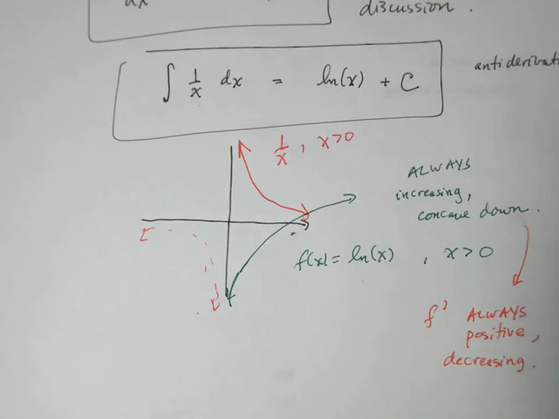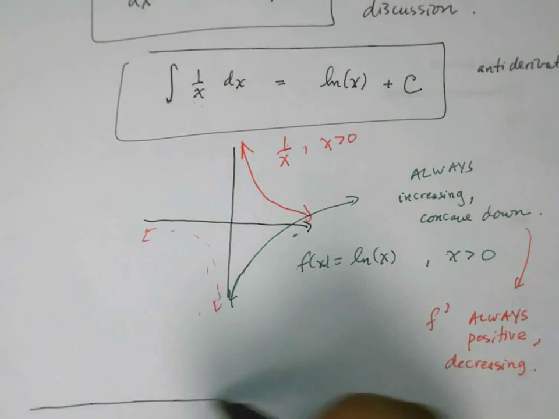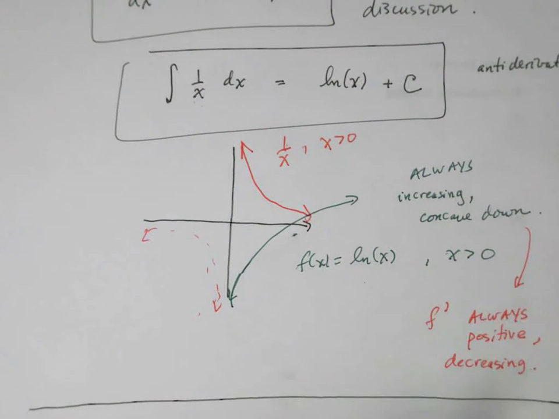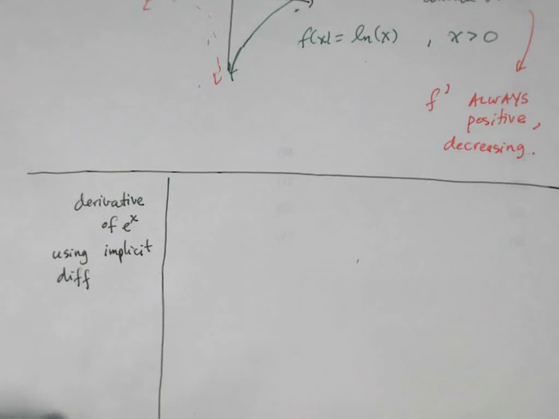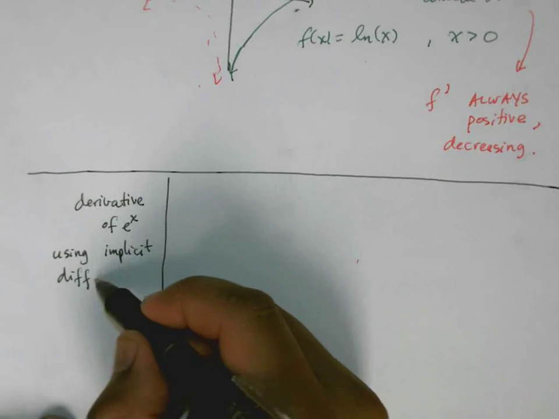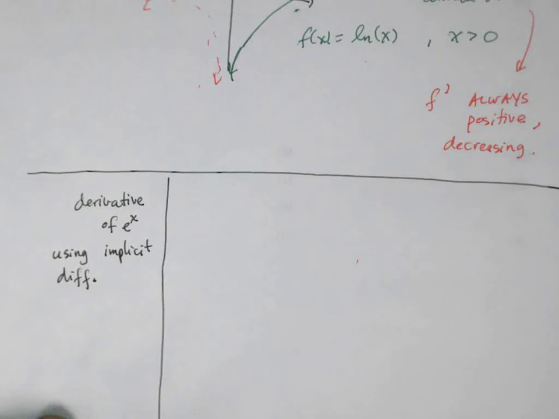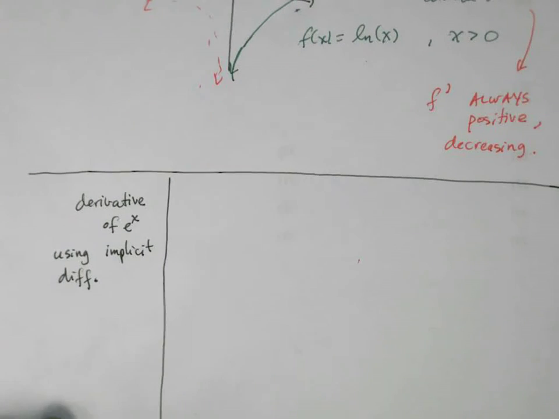So we can actually continue and see another very important result. Now we're going to find the derivative of e to the x using implicit differentiation. There are other proofs of the derivative of e to the x, but since we've already done a lot of the work for natural log, I'm going to take advantage of that.